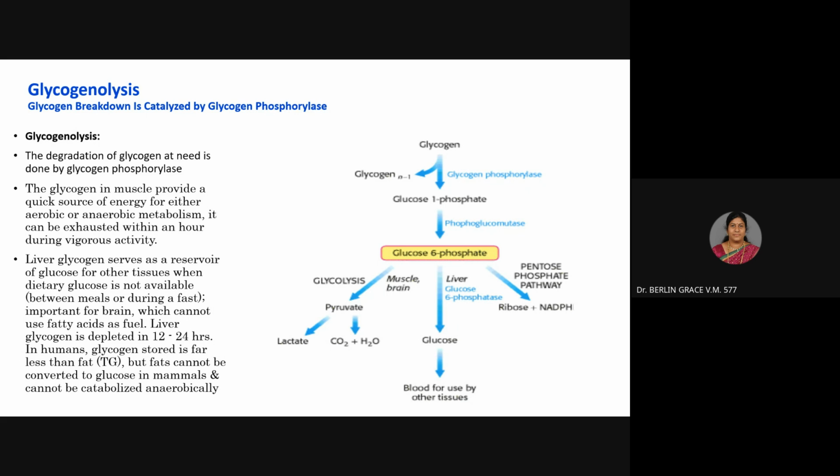So these are the drawbacks in using fat as an energy molecule. Glycogen is the immediate source of energy, the immediate source of glucose. It will give the glucose, and that can undergo glycolysis. Through this, the energy can be utilized by all the tissues, including the brain.